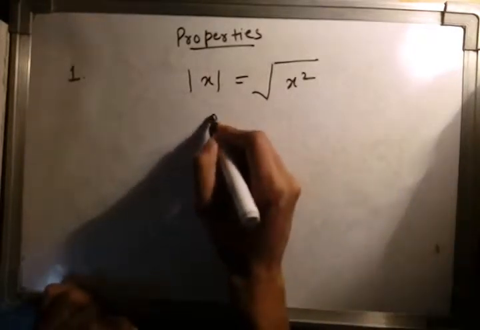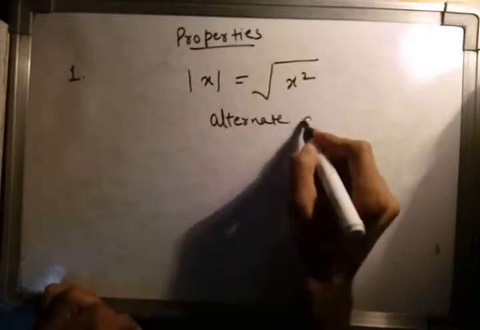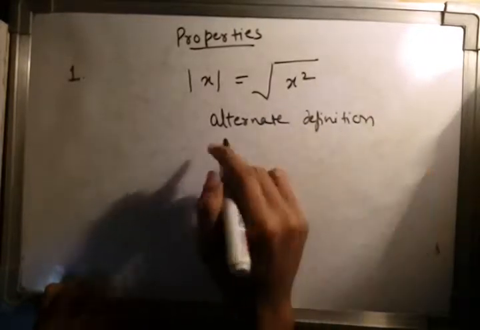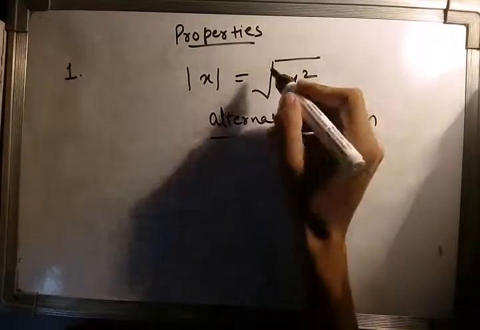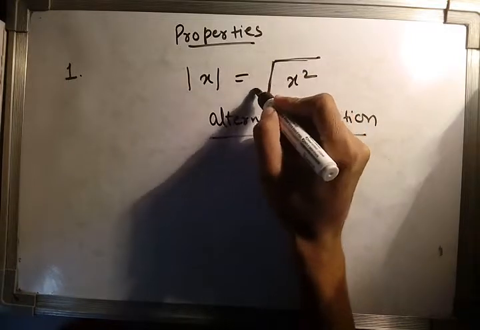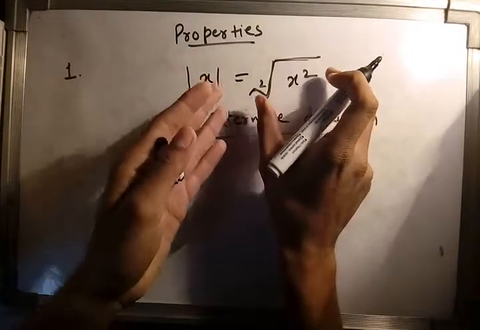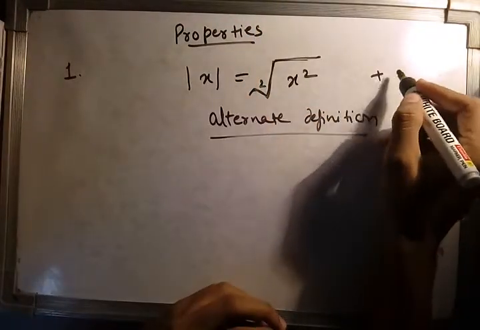This can be stated as an alternate definition for modulus function, because this under root sign restricts our number to be just with positive sign.